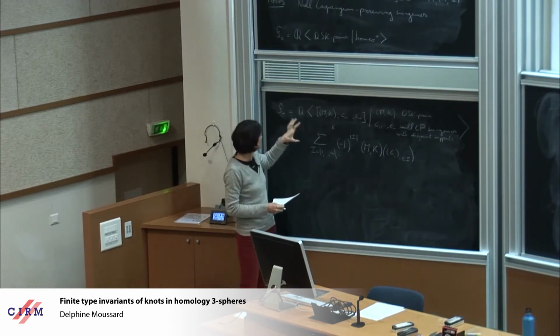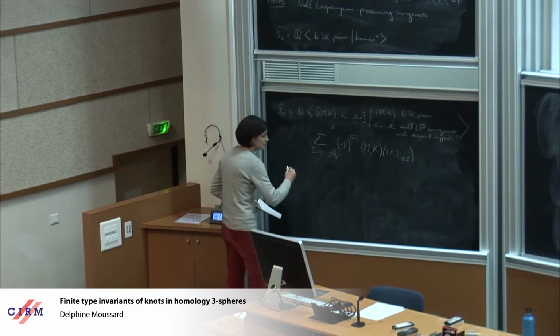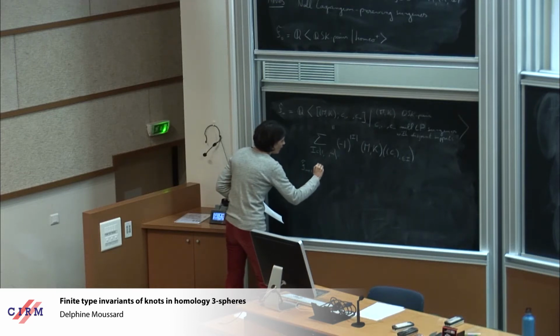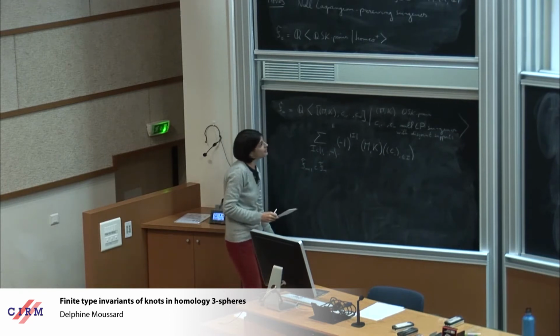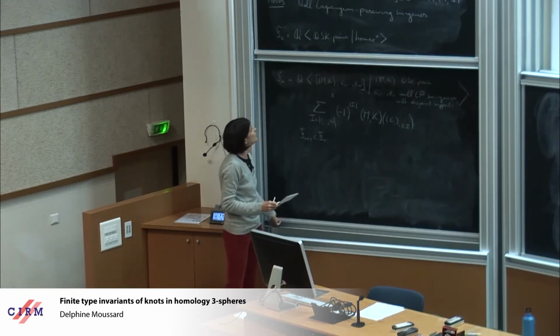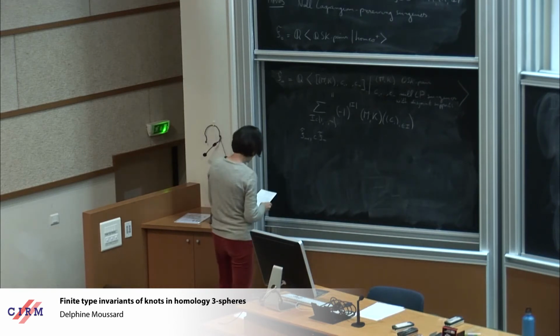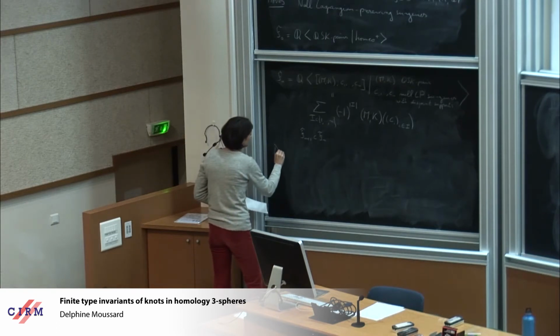Okay, so this gives a subspace of F_0, and it's easy to check that we have a filtration. And now from this we can define the notion of finite type invariance.